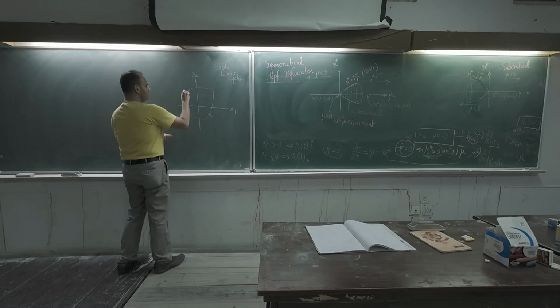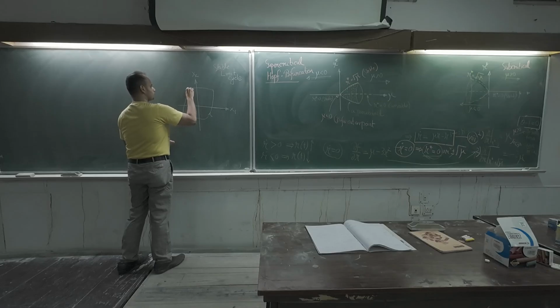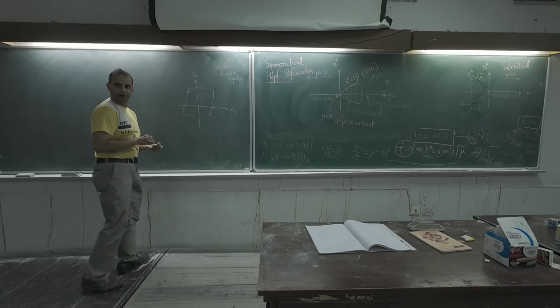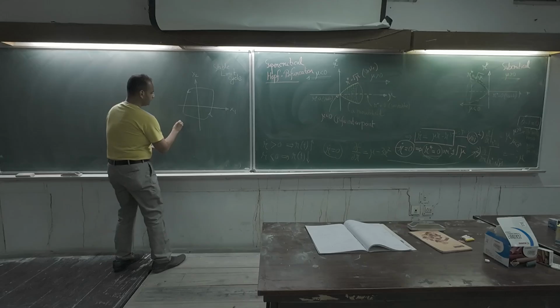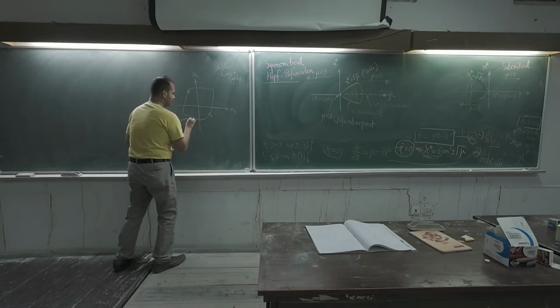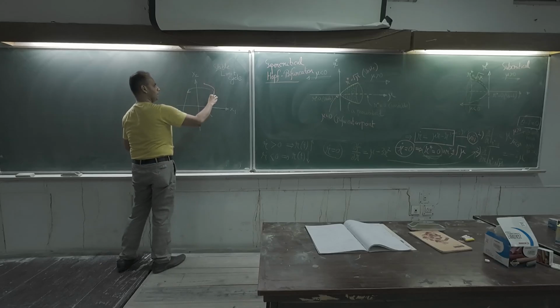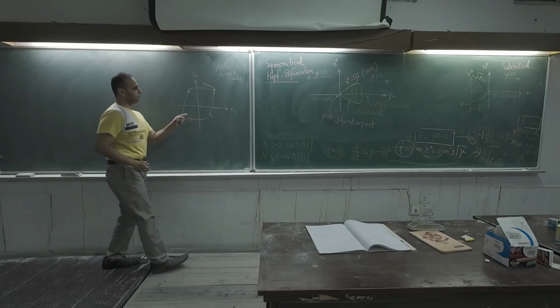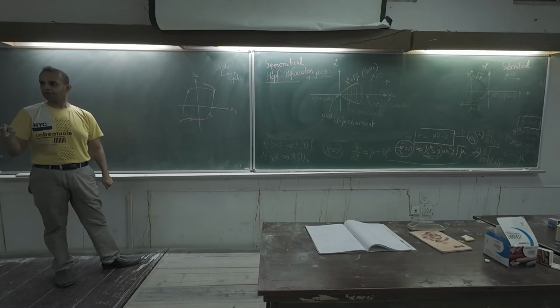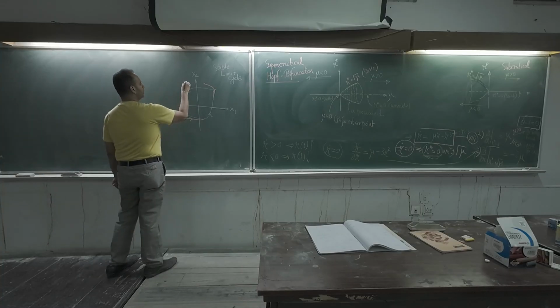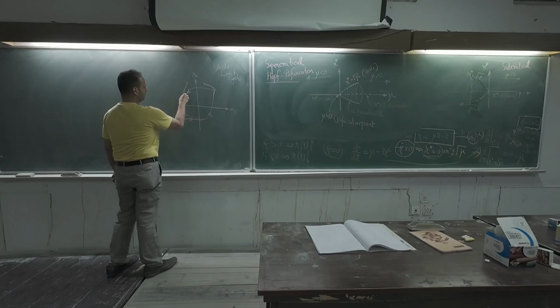A stable limit cycle means it will attract all the nearby trajectories. So if you have an initial condition here, maybe it will go like this. If you have an initial condition here, maybe it will go like this. Here I am putting the direction arbitrarily, I don't know which side it will go. If it is there, then maybe it will also go like this.